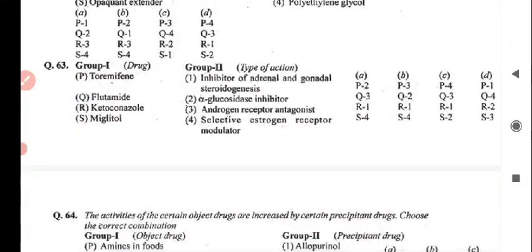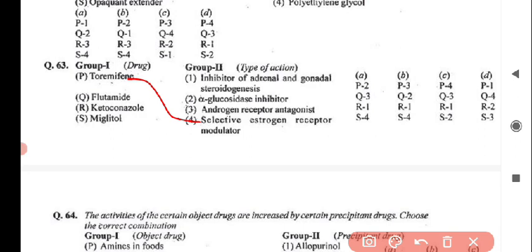Then the next question. In this question, column 1 contains the drug and column 2 contains the type of action. For the first drug, that is toremifene, the correct answer is option number 4, that is selective estrogen receptor modulator.